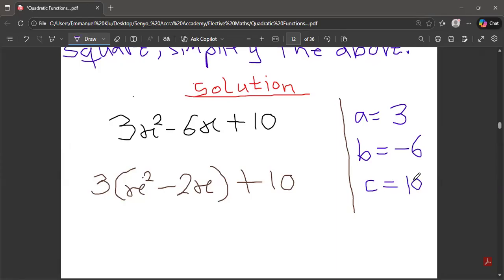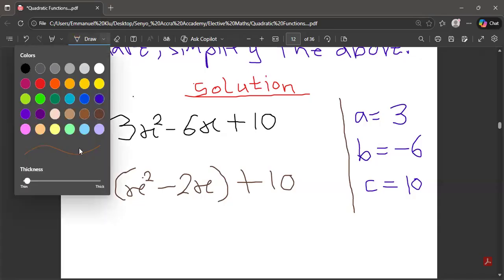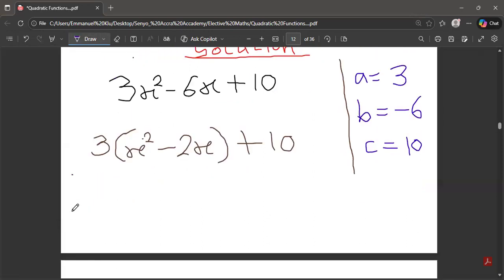Okay, positive 10. All right. From that idea, it implies that in moving on, we have to adopt this technique. So I'm saying that if C was supposed to be 12, it means that I could close the bracket over here and the 3 will be out and I'll write 4 over here, okay? But because you can see that this guy is trying to be odd, that is why I've left it outside.